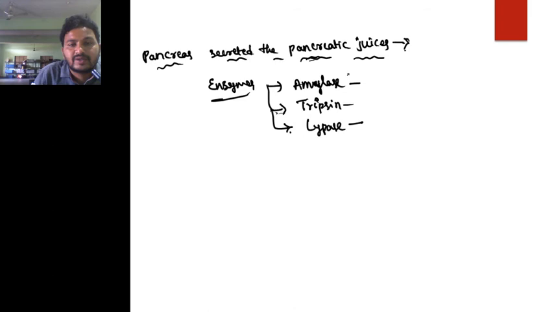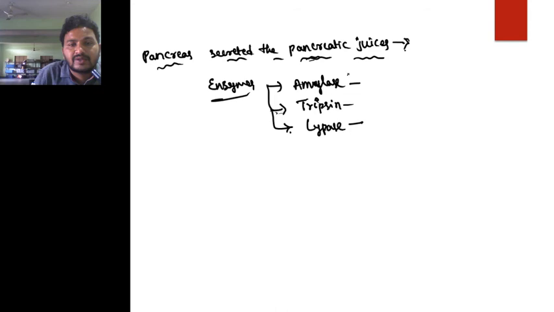So the amylase, trypsin and lipase enzymes are secreted by the pancreas. So these make the pancreatic juices. The pancreatic juices act on carbohydrates, proteins and fats.